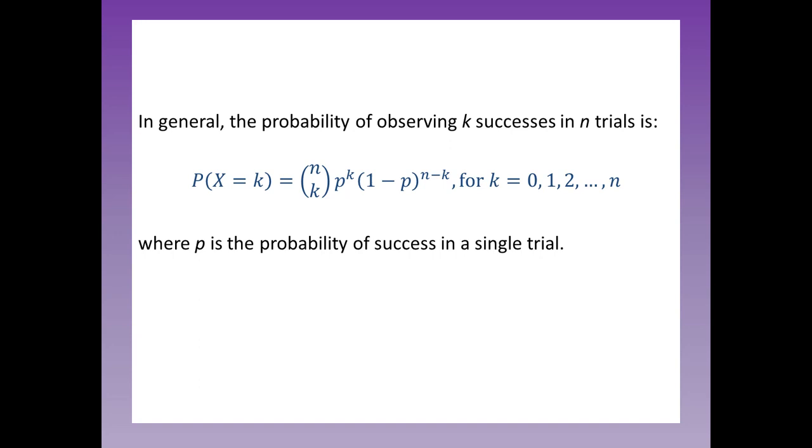The n choose k is to take care of all of the different possible arrangements that you can have of k successes and n minus k failures. P to the k times (1 minus p) to the n minus k, that's the probability of one arrangement of that number of successes and failures.